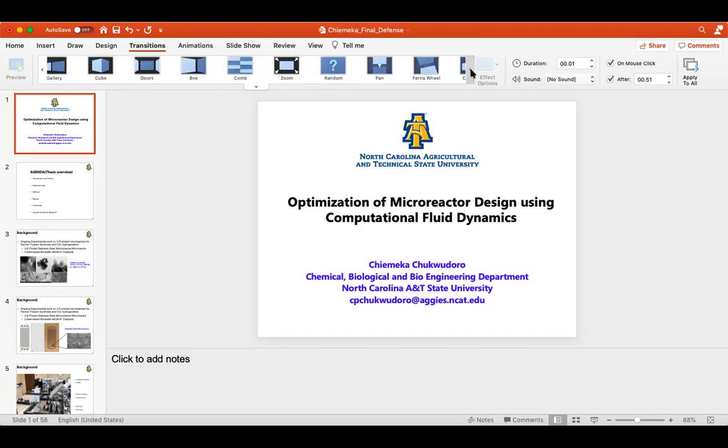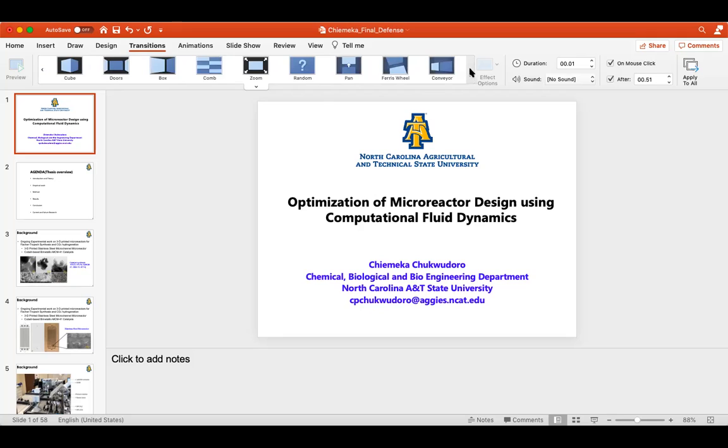No, move to the right more. Yeah, there. Just uncheck after, on the left. Yeah, just uncheck after, only on mouse click. There you go. Okay, that's fine now.